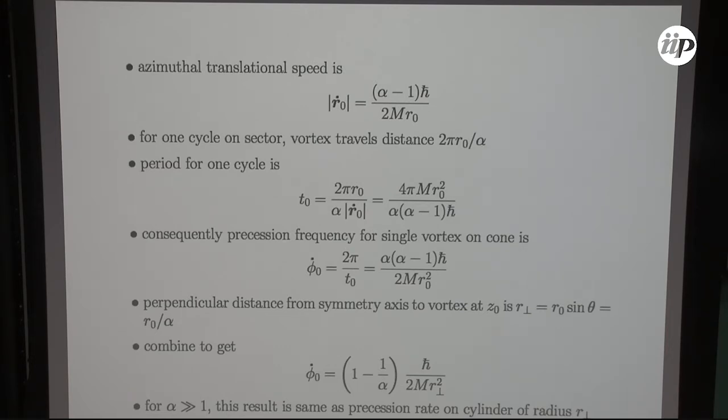The real question is how far is it from the axis? And if you say that the perpendicular direction is R0 over alpha, you get this expression. And if alpha's big, you go back to effectively the cylinder. And so if you throw this term away, that's just the answer we got for a cylinder, how it moves around the cylinder.